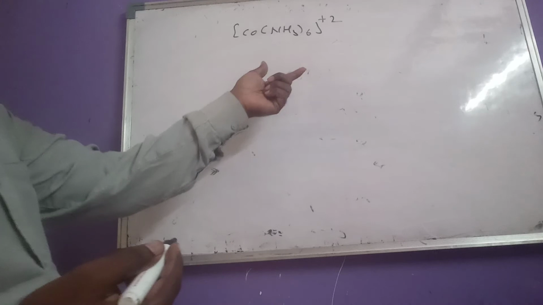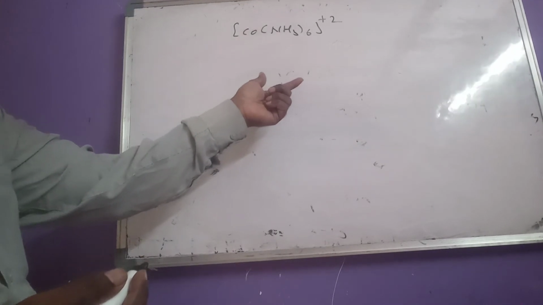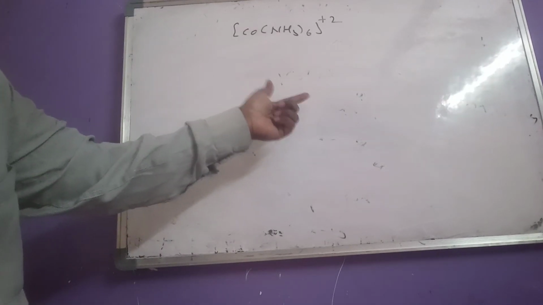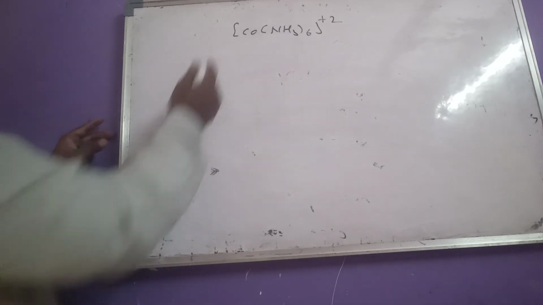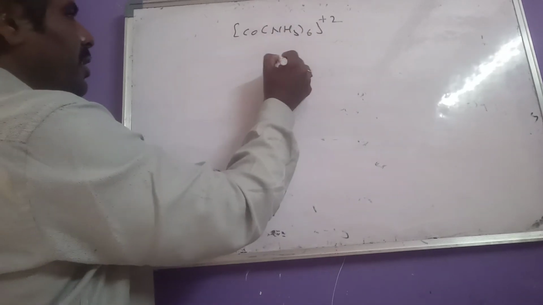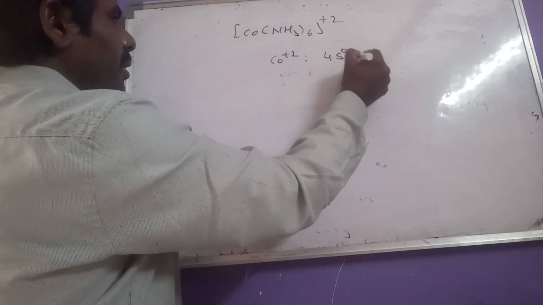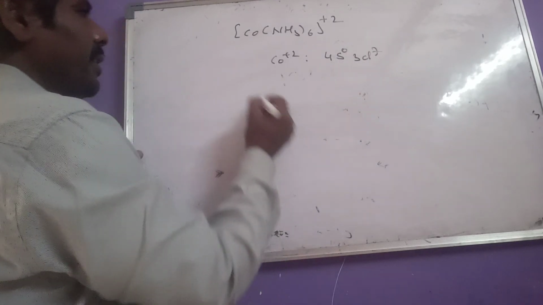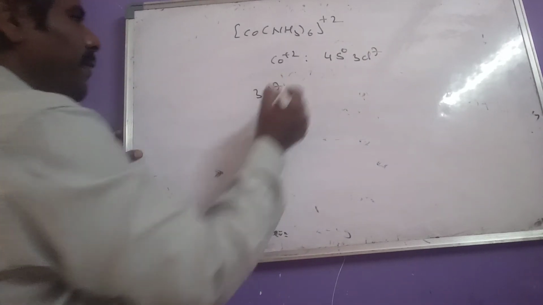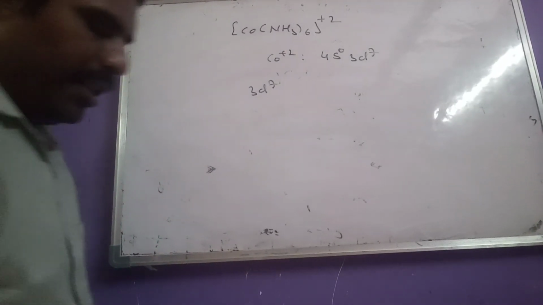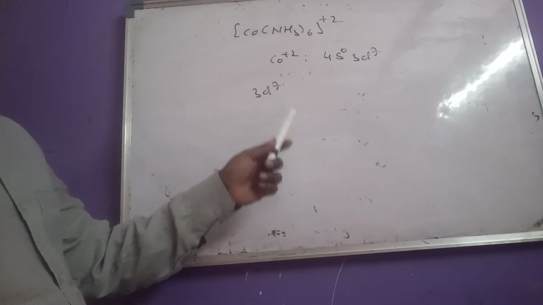What is the electronic configuration as per crystal field theory? First, we have to calculate its oxidation number: cobalt plus 2. So the configuration is 4s0 3d7. So 3d7 is the configuration we have to write as per CFT.